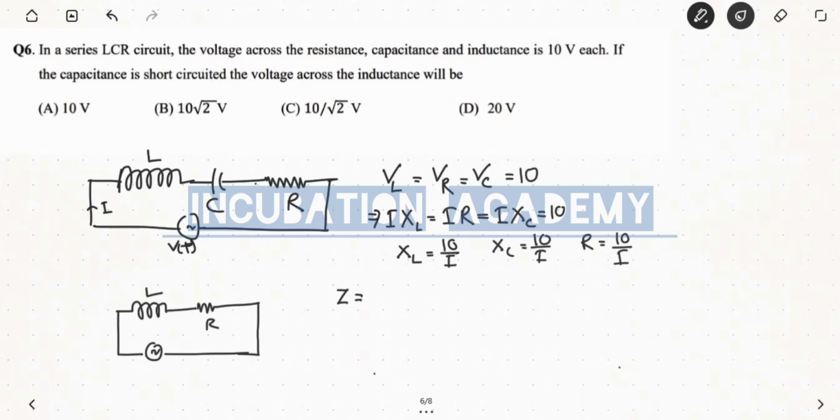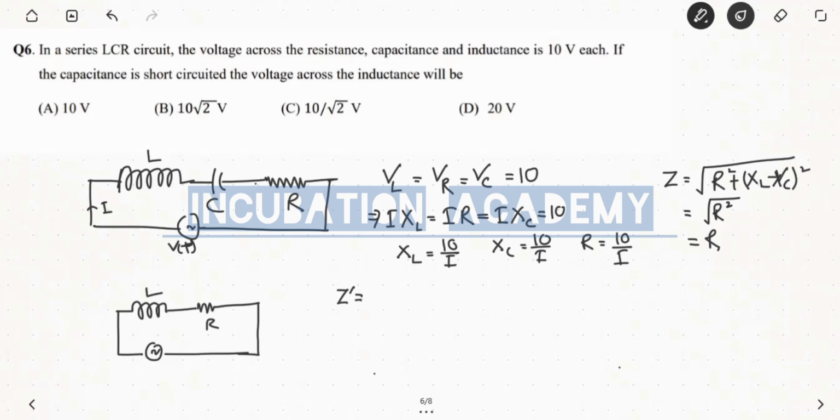If I say Z, then Z is the previous one, that is root of R square plus XL minus XC whole square. Z is the impedance. Since XL and XC are equal, it is R square entirely. So Z is equal to R.